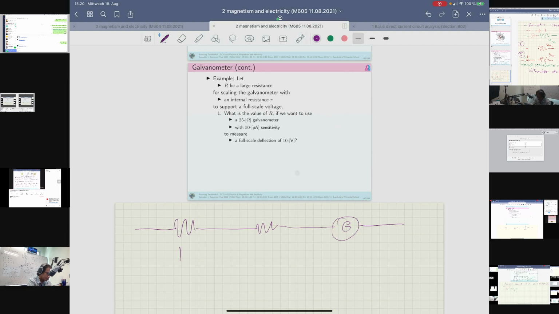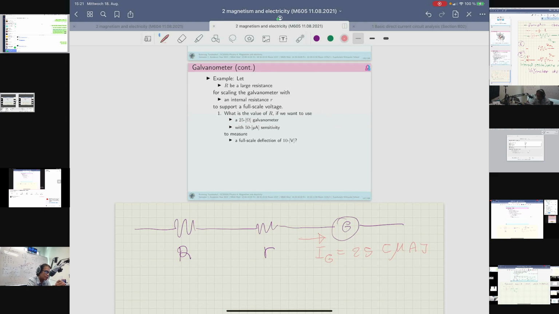Here is the capital R, and here is the small r. The maximum allowable current through the galvanometer is 25 microampere, 10 raised to negative 6, micro being the prefix.